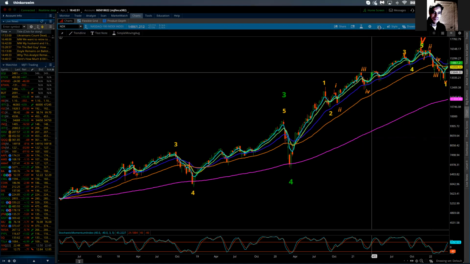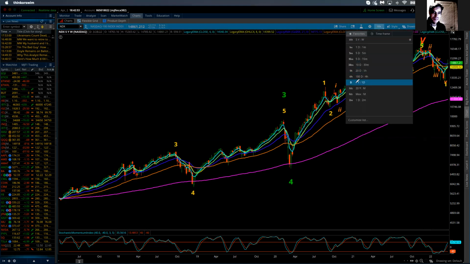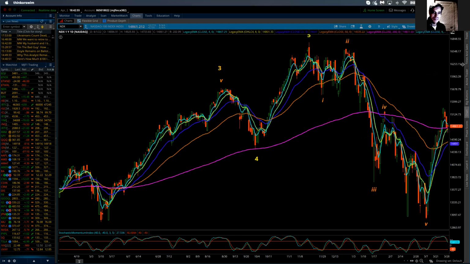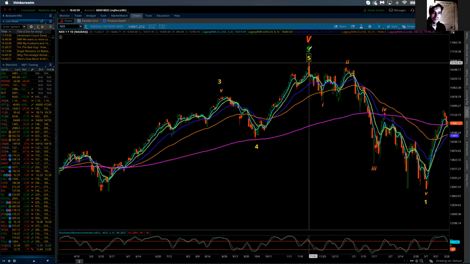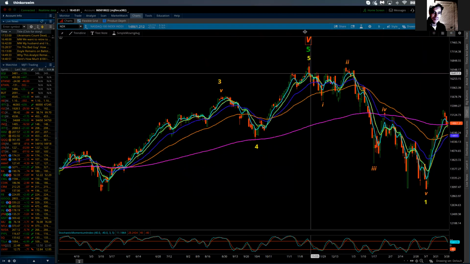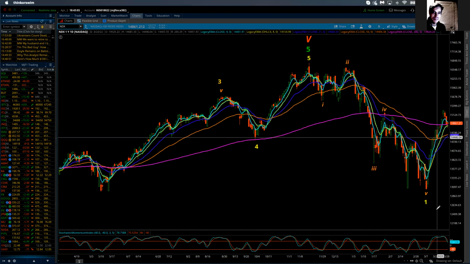So here in the Nasdaq, if I come down to a daily, we'll see, again, once we find the highs for fifths of a third, we're looking for the development of initially 5 waves down to give us confirmation that, yes, we likely have put in the top, and now we're going to work our way lower in a corrective phase.